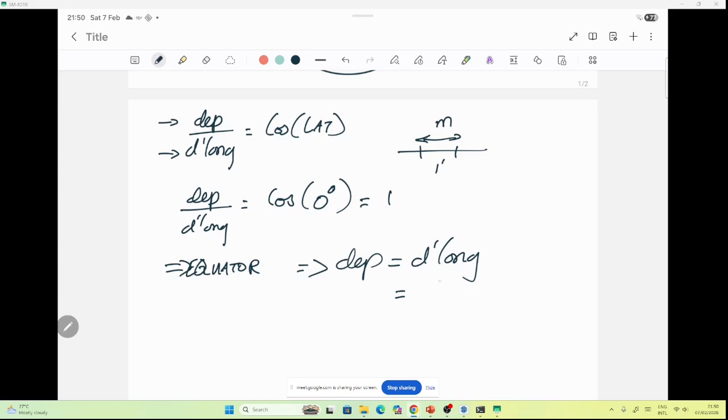How many meters, guys? 1 minute of d long.